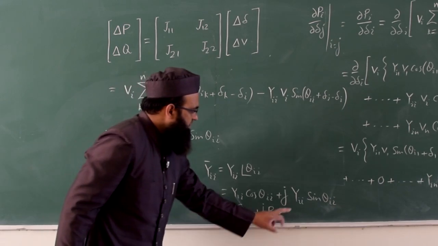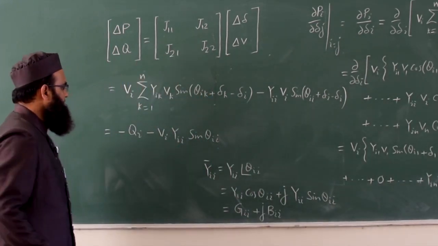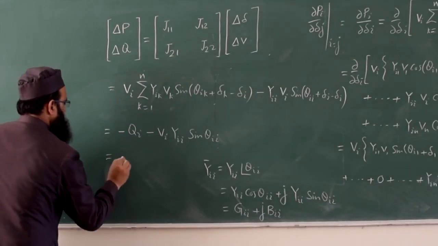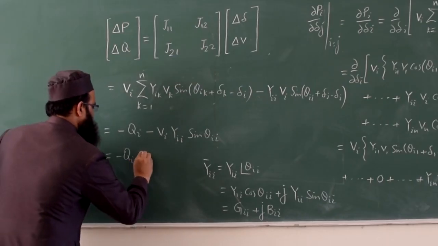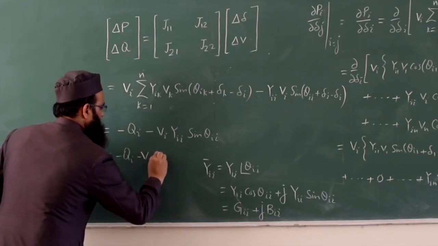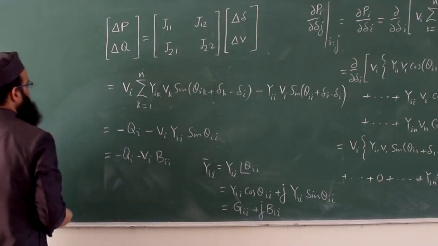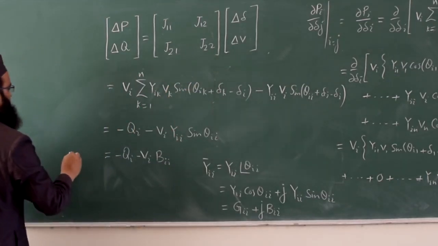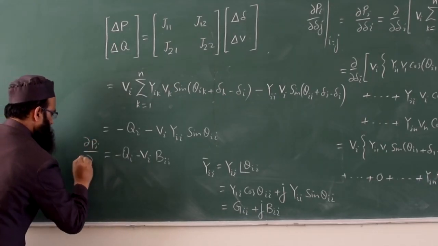So Bii is nothing but Yii sine θii. So this can further be written as minus Qi minus Vi squared Bii. This is ∂Pi/∂δi.